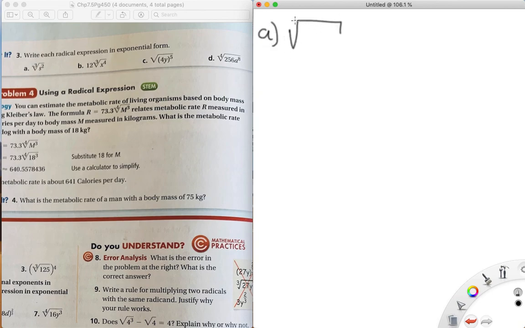We have the cube root of s squared. So remember the cube root means it's a fraction, so we can say it's s squared raised to the 1/3 power, and I multiply the exponents and I get s to the 2/3. So that's that one.